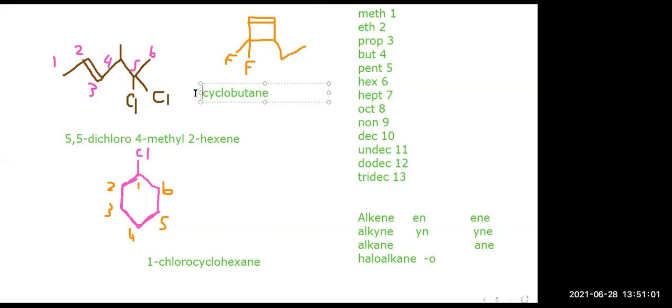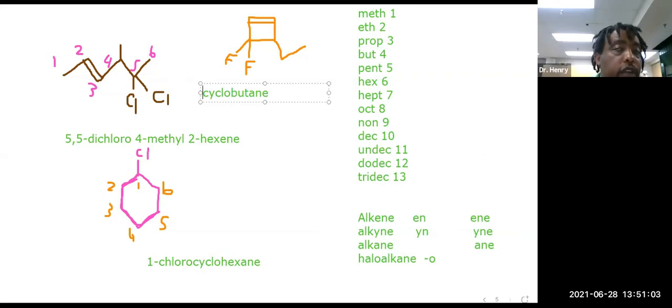Ethyl. Okay, so that would have priority over the fluorines, because the halogens are last. So then let's do the counting. That's 1, that's 2, that's 3, that's 4.